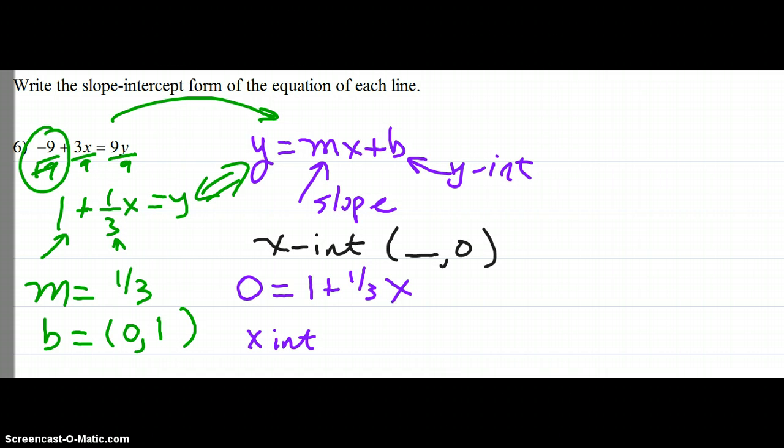If I do that on this example, I would get 1/3 x equals -1. Multiply both sides by 3. I would get x would equal -3, which is where this line crosses the x-axis.